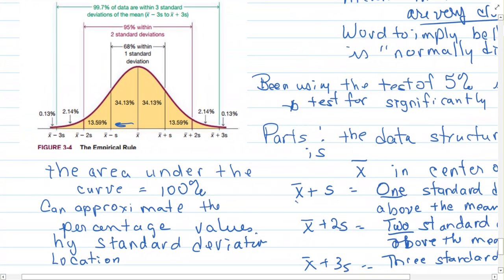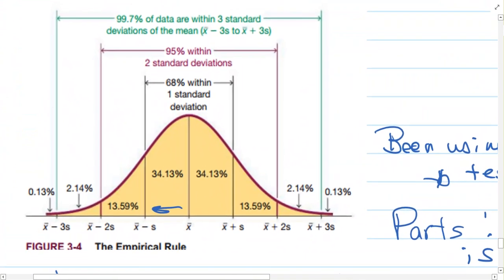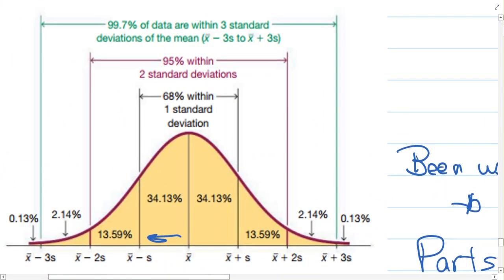Well, I'm going to expand this so you can see it, and we'll discuss it. All right. So if we were saying one standard deviation around the mean, that means from there to here. Let me do it on top. And we would get the beautiful 68%.